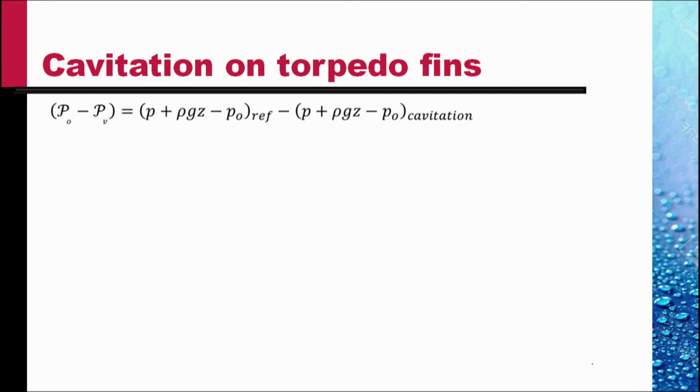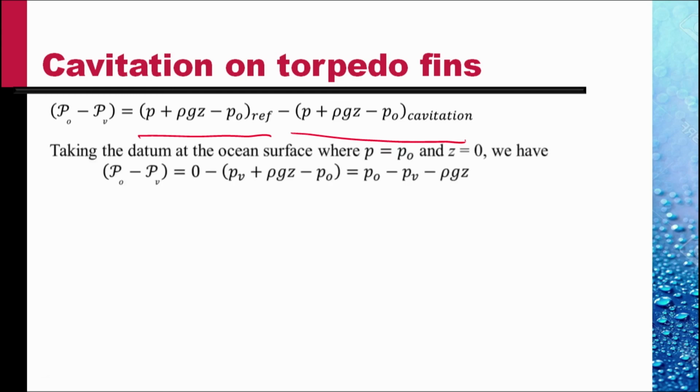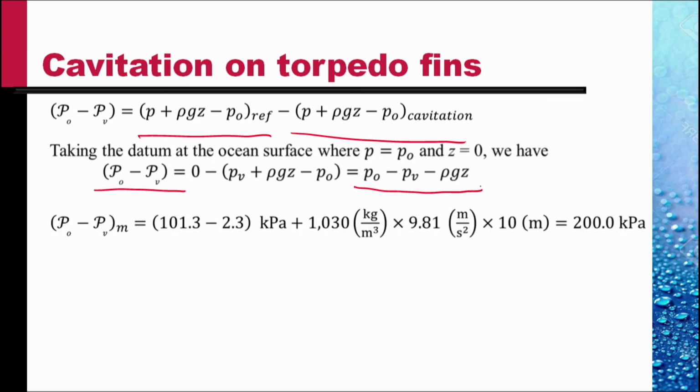Script P naught minus script P V is like this at reference pressure P naught and at cavitation. Taking the datum at the ocean surface, P is equal to P naught and Z is equal to 0, we get this value is equal to P naught minus PV minus rho Gz. So this for the model is, we plug in the value and we get 200 kilopascal.